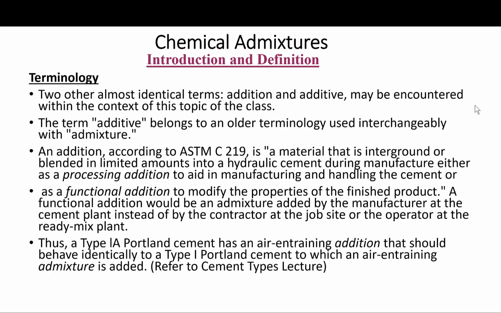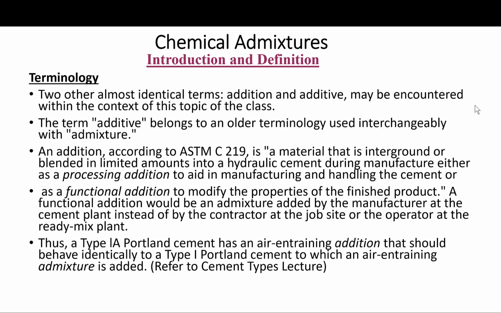Okay, so let's look at some more terminology just for clarity. The audience may hear 2 other almost identical terms, addition and additive. The term additive belongs to an older terminology and is used interchangeably with admixture. Okay, keep that in mind.